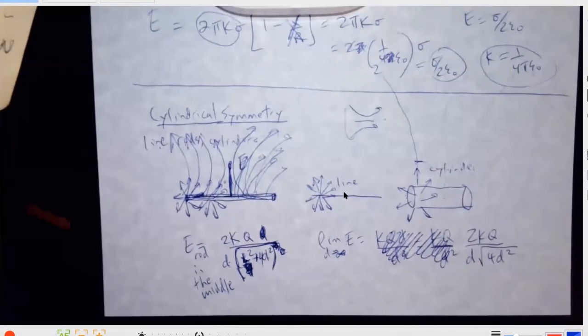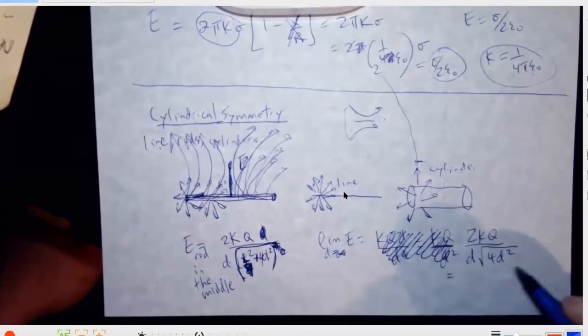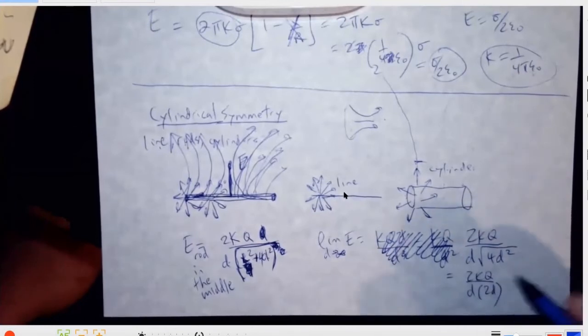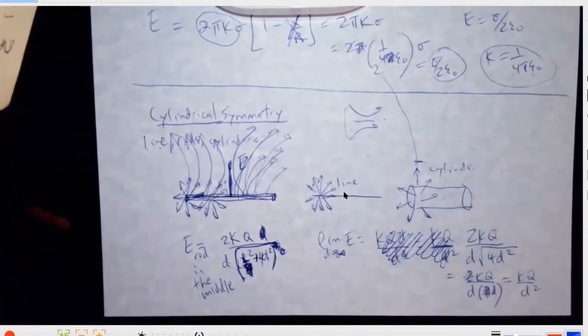Only that one survives. And then what happens there? Square root of 4d squared is 2d. Okay, there you go. kq over d squared. Yep. Nice. Okay, so now the test works.